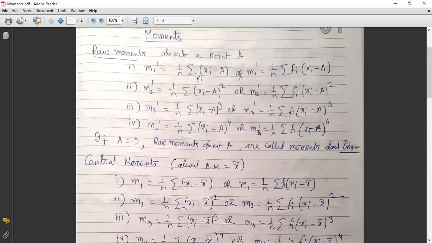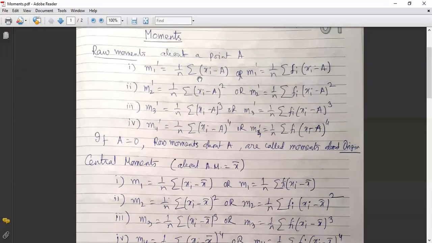Actually, to learn a frequency distribution, or you can say to learn a data pattern, we know the basic two statistics. One is arithmetic mean, that is called x bar, and another is called standard deviation, sigma. They are the basic two.